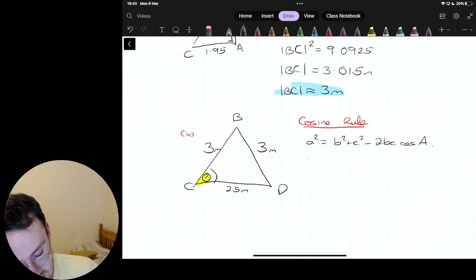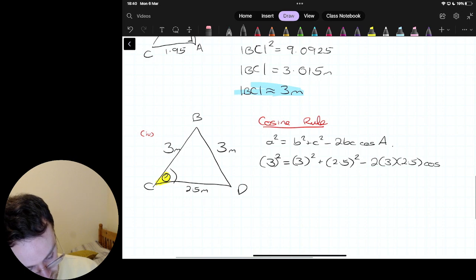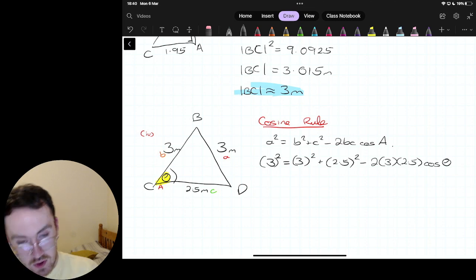Taking a squared as the 3 squared, b squared can also be 3, and c squared is 2.5. Cos theta. I'm taking this as being my angle A, if you like, and this being my side A. I'll take this as B and this as C, is the way we're going with it.